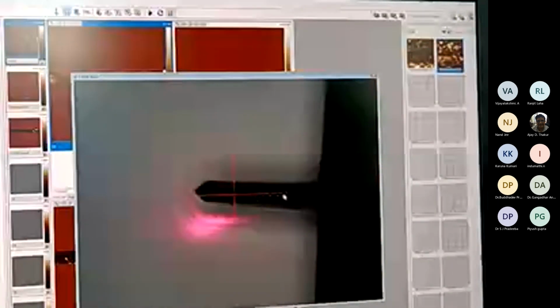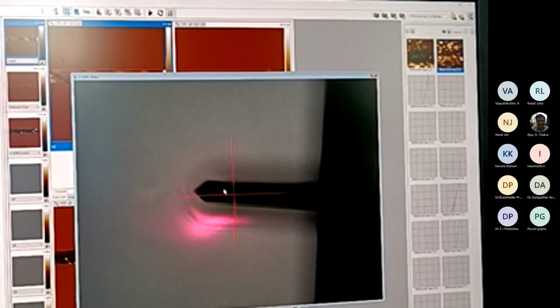So mainly cantilevers are made of two materials, silicon and silicon nitride. Silicon nitride is normally for soft kinds of cantilevers. Suppose we have to scan soft materials in contact mode, then we use silicon nitride.